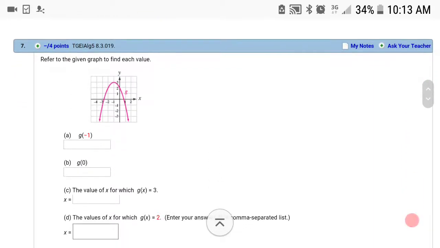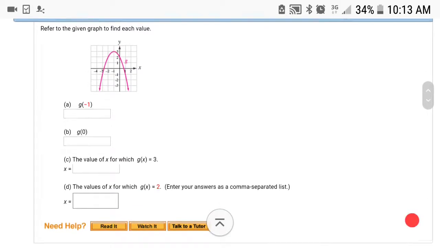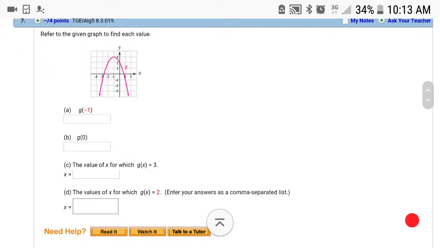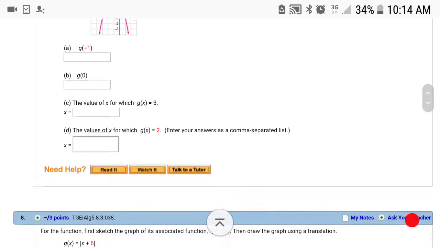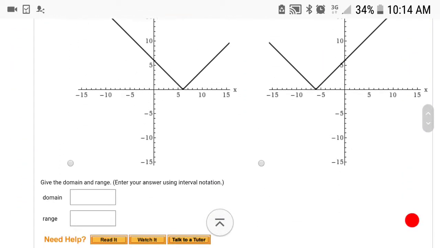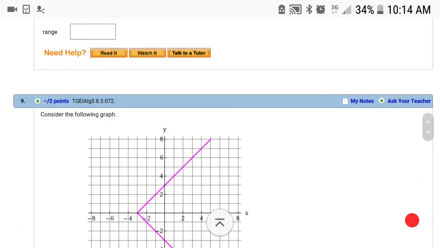Well, I guess I'm not going to go through each question unless you email me and ask me about a question, and then I'll be happy to go through those, okay? So you do have a problem like number 7 on the exam, or number 8, where you have to look at a graph and decide if the graph is the graph of a function or not.